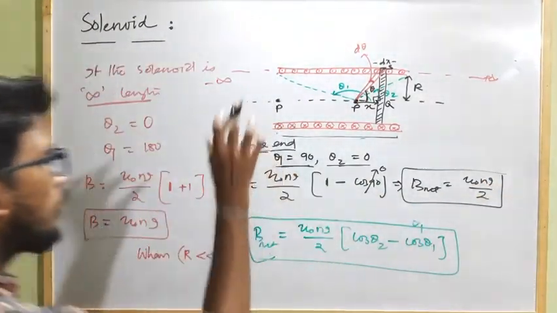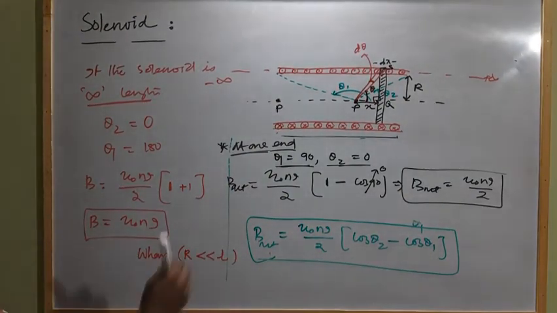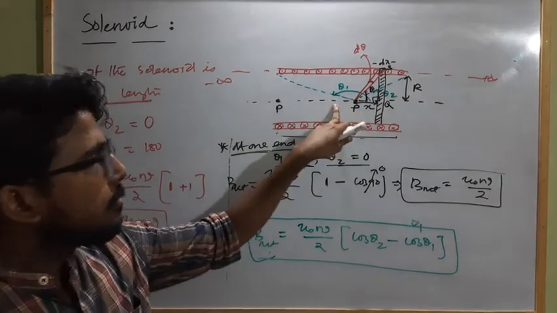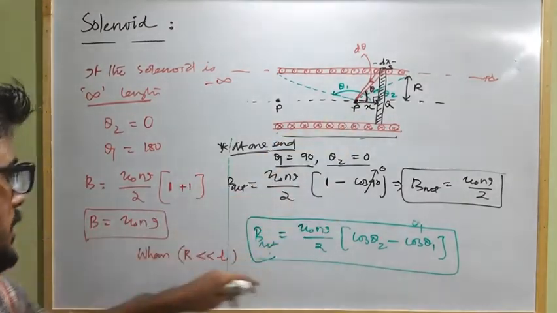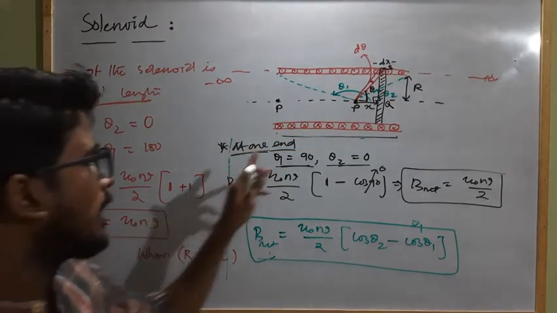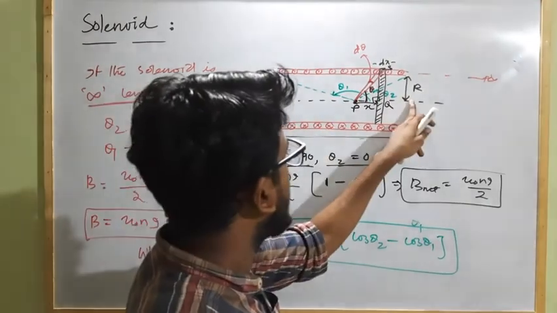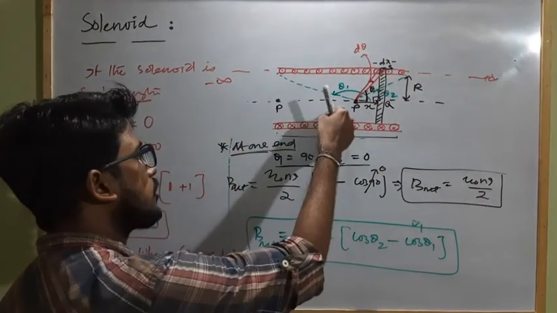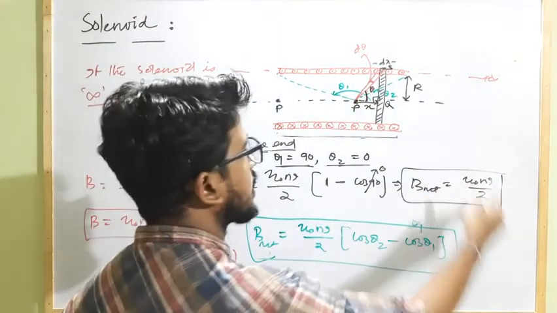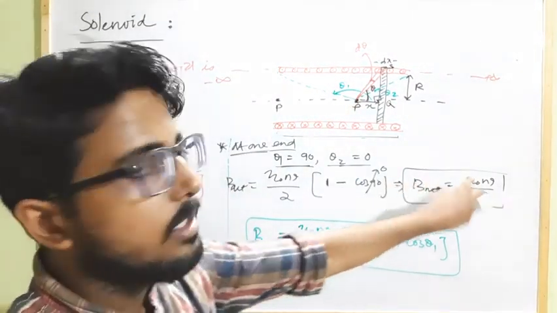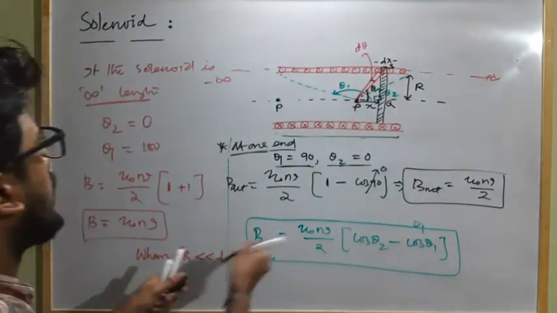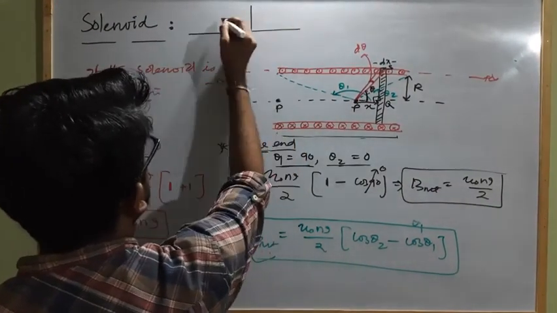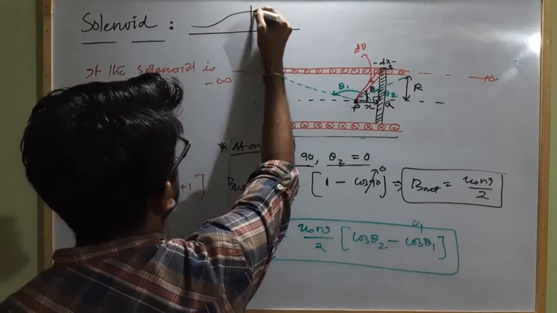That means for an infinitely long solenoid, the magnetic field strength at any point within the solenoid is mu naught Ni, and the magnetic field strength at any end will be mu naught Ni by 2. That means the strength within the solenoid is 2 times that at the edge of the solenoid. So the graph will be like this, if we draw it with respect to distance.